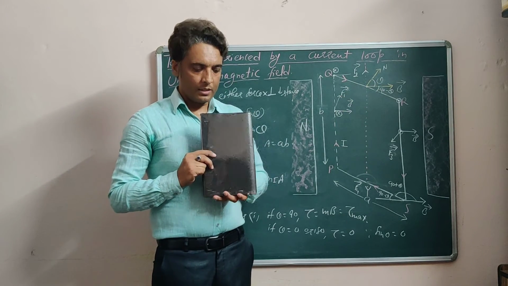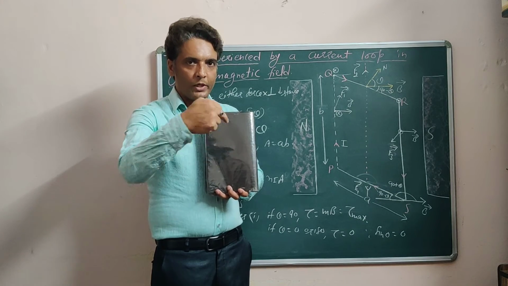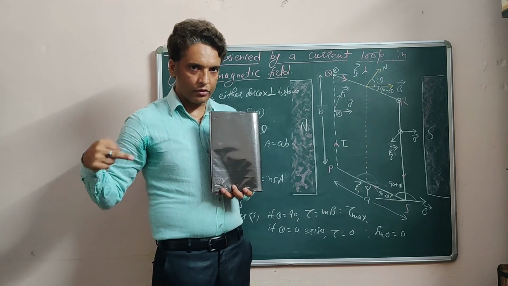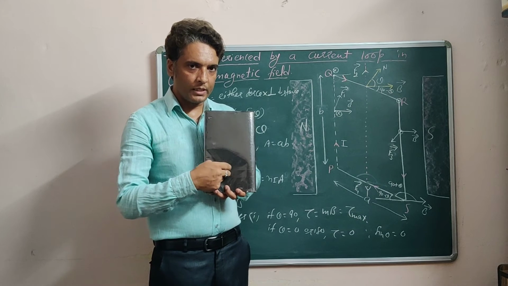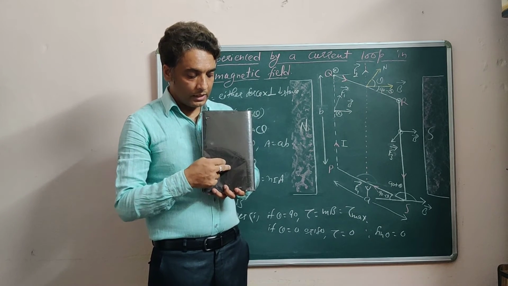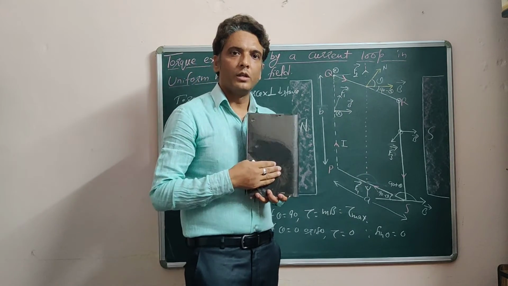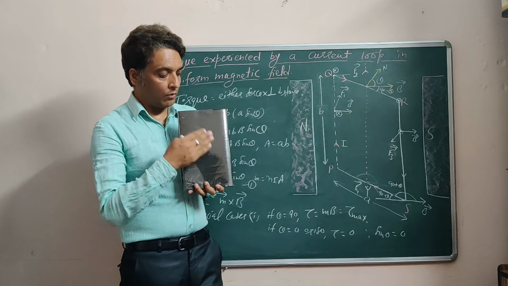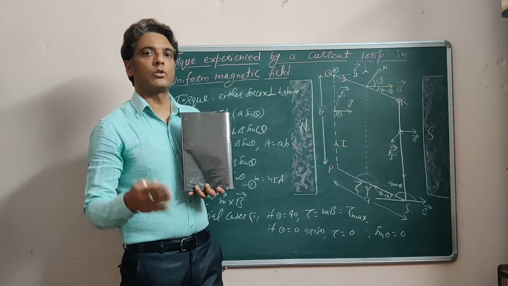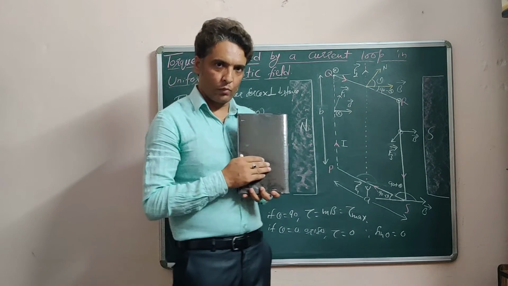In this case, this is the normal to the plane of the coil outward, and this is the direction of magnetic field. So in this case the value of theta is 90. The current carrying coil will experience maximum torque, or we can say that when the plane of the coil is parallel to the direction of magnetic field, the torque experienced by it will be maximum.